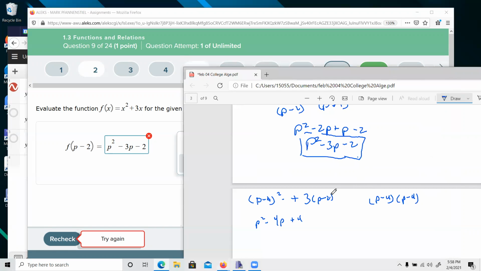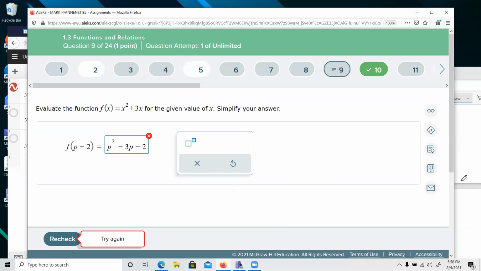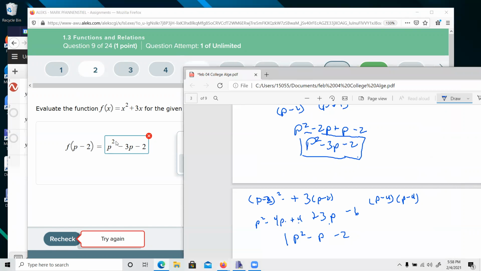So yeah, it's just by P minus 2. Okay, plus 3, P minus 6. What did I mess up? Minus 4 plus 1, minus 3, 6 minus 2. There we go. So we have P squared minus P minus 2.